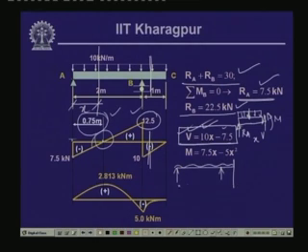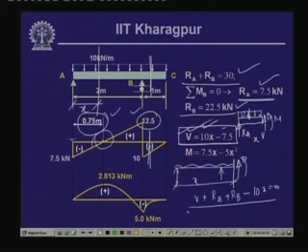This is the section at a distance of x from here, and at the section we have the shear force V and the moment M. So, V plus R A plus R B minus 10 times x is equal to 0. So, shear force V is equal to 10 x minus R A minus R B.